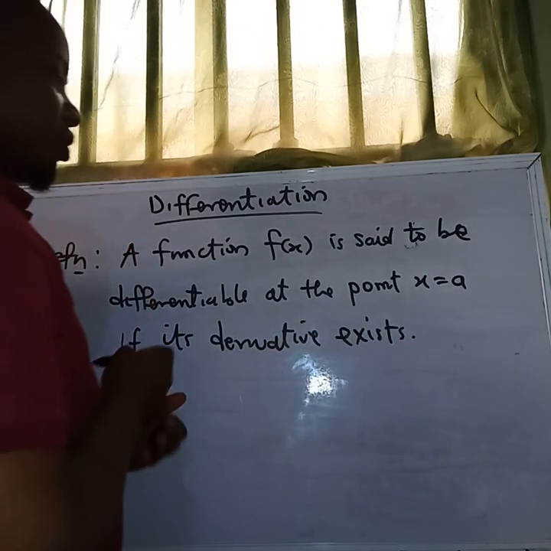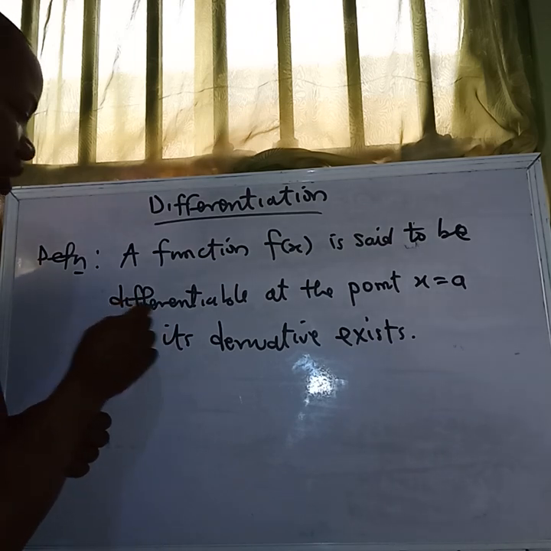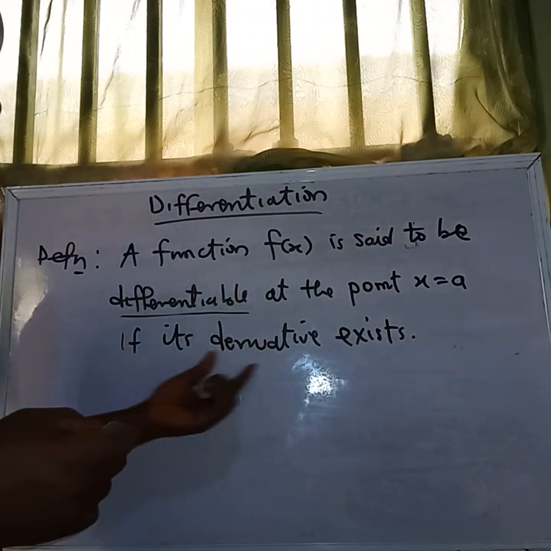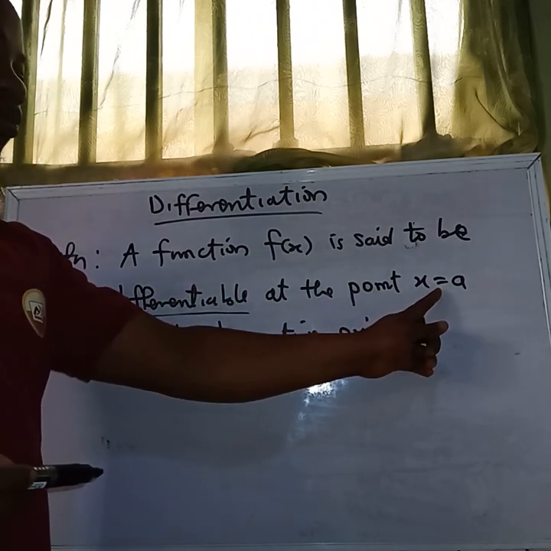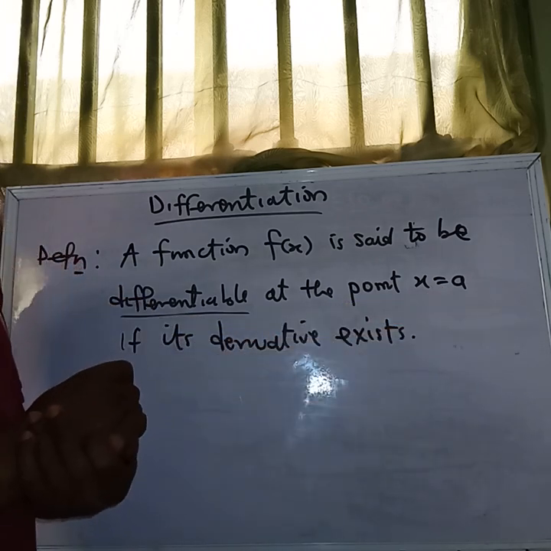So that is when we say a function is differentiable. If the derivative exists at a particular point, we say it is differentiable.